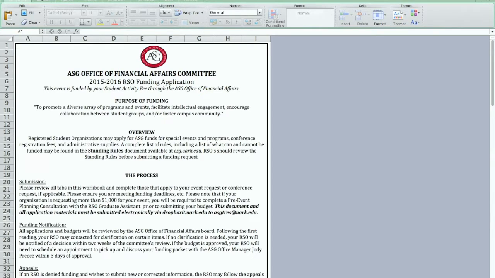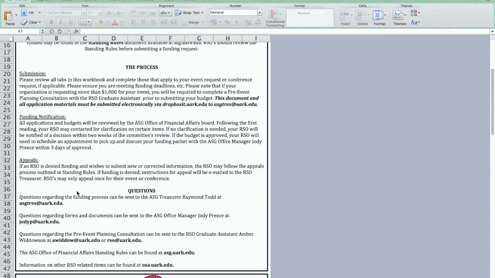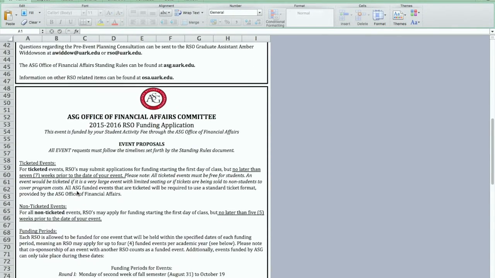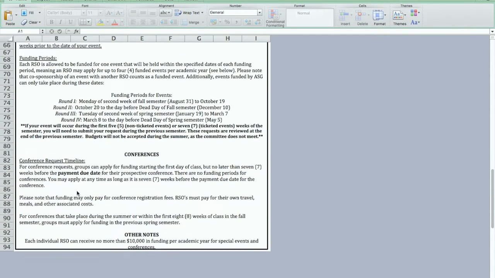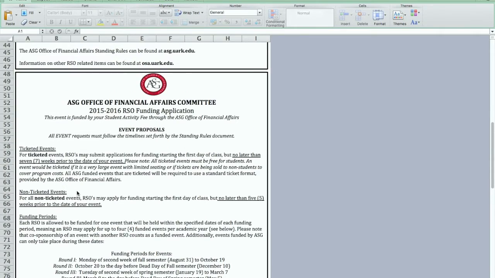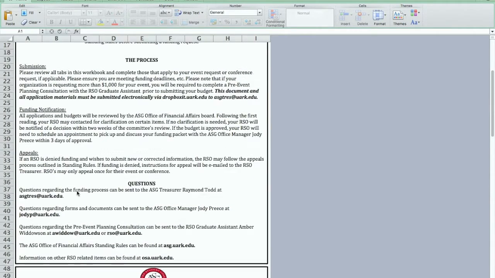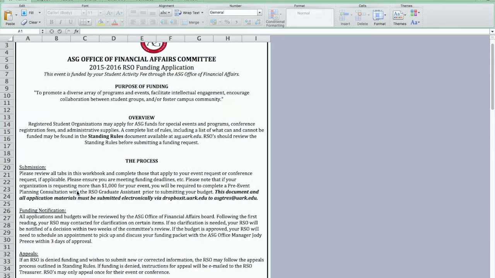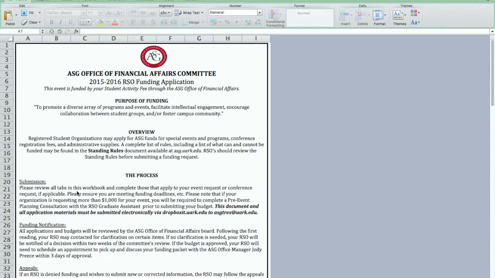There are several tabs down here that you're going to need to utilize, and this first tab is only information. It has some components of the standing rules in here, so I urge that you read this before you continue, and make sure that you're abiding by any of the updated documents that were posted to the ASG website.